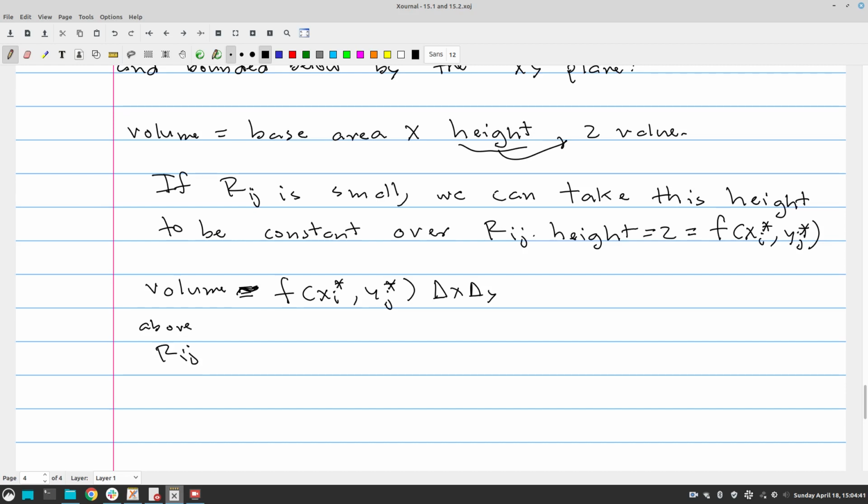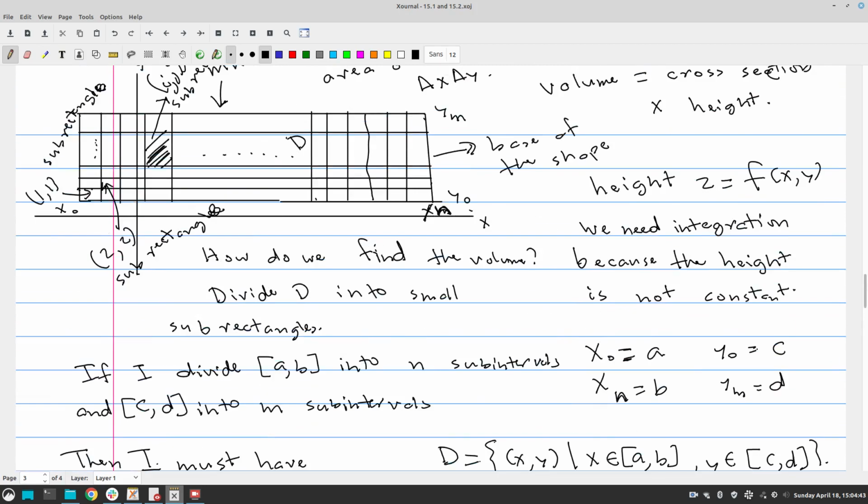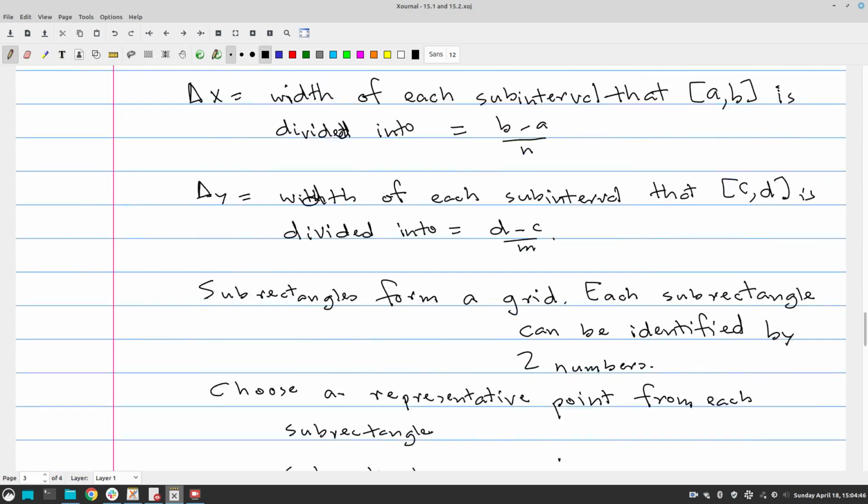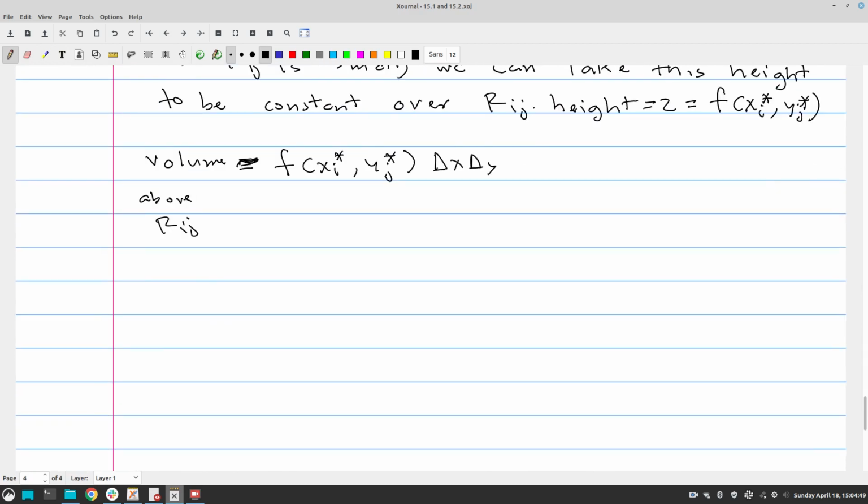Now the total volume above D, I mean the total volume bounded by D and below by the xy plane, is approximately equal to the sum of all of these volumes.